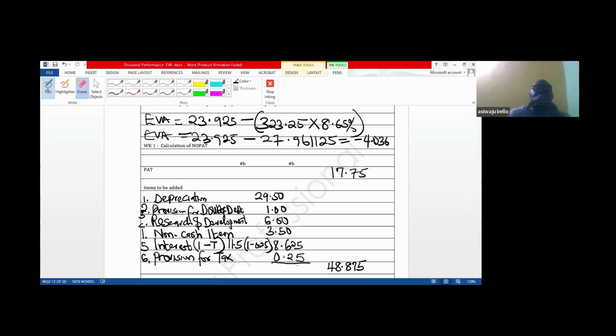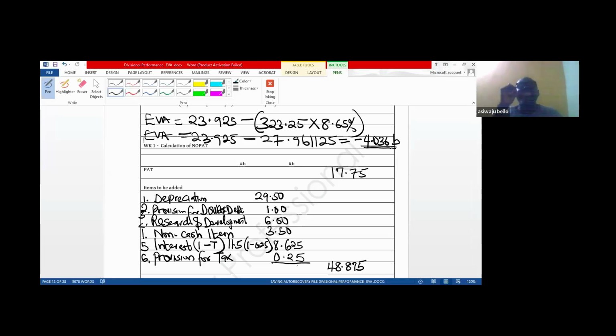That is the answer. That is the EVA. Negative 4.036 billion. This is the economic value added of IPN.